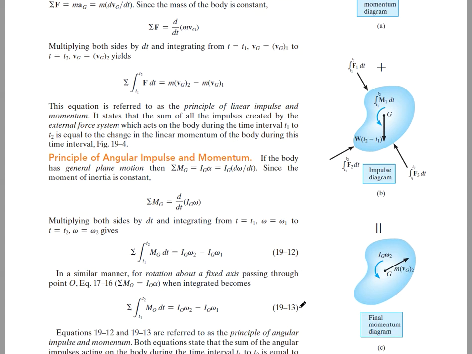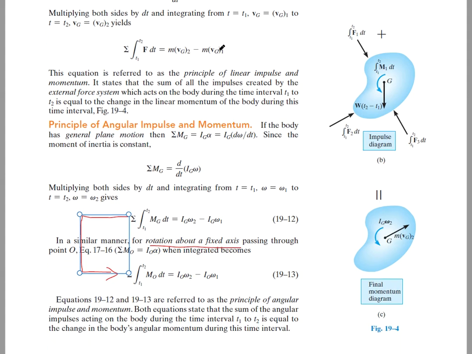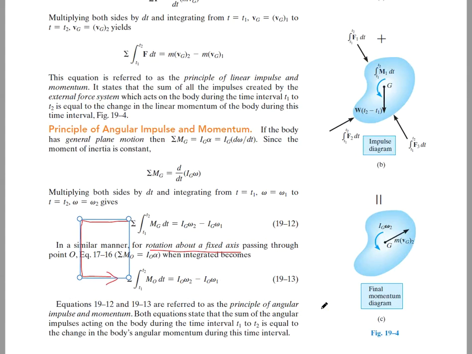And of course we can write this equation about a point O, the axis of rotation if we have rotation about a fixed axis, and it might be more convenient to operate with it if we have a body that rotates about an axis other than the centroid. So these two equations are the principles of impulse and momentum, one for linear impulse and momentum, and the other for angular impulse and angular momentum.